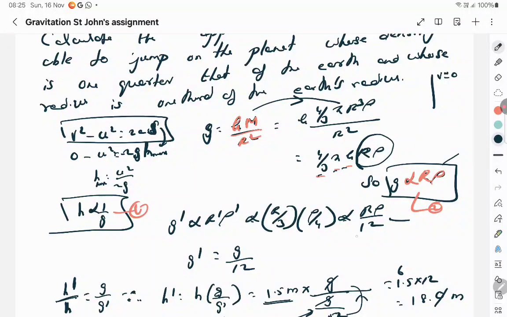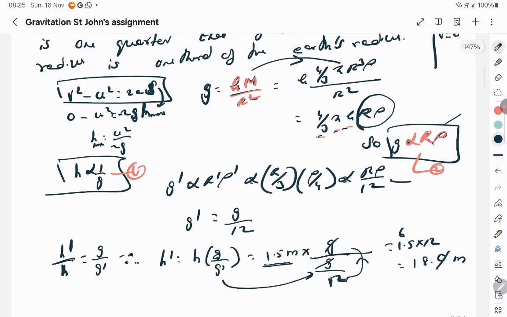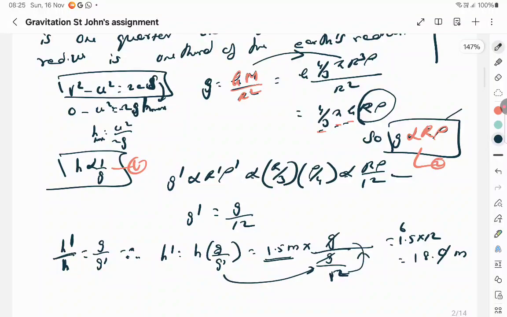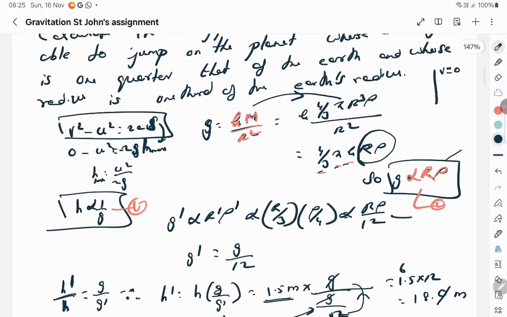Rho by 12. G dash is therefore, can you see, compare, what would have been the original gravity? The original gravity would have been GM by r square, where M is 4/3 pi r cube into rho, where r cube and r get cancelled.